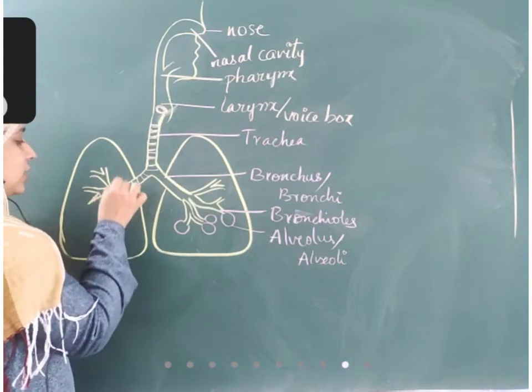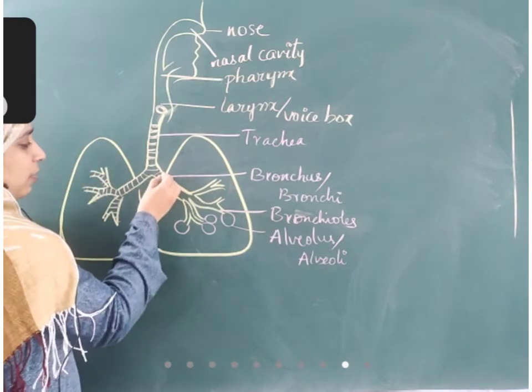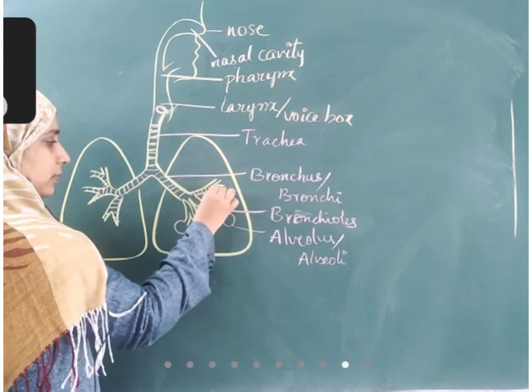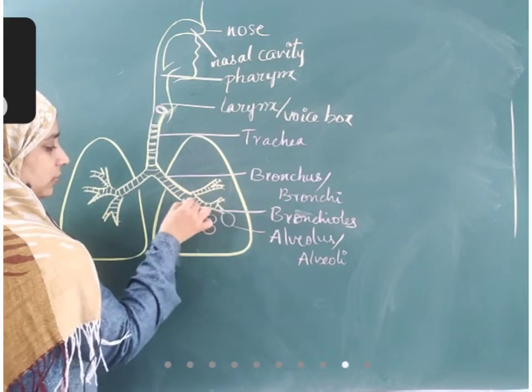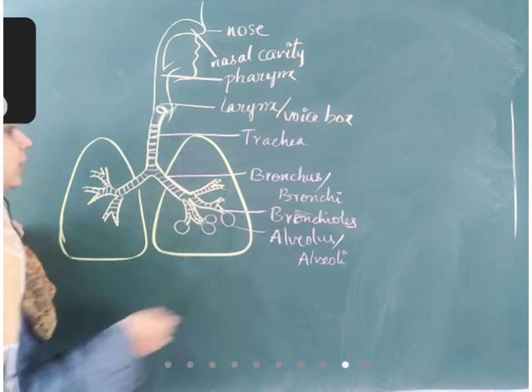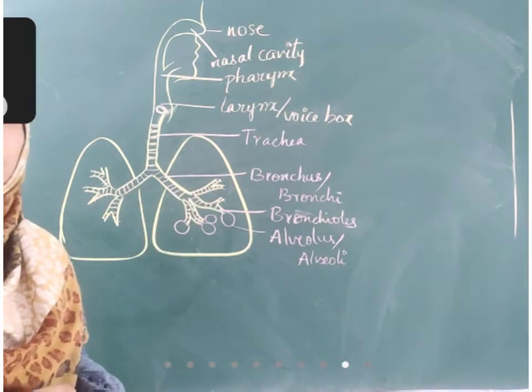These cartilage rings help to hold the trachea, bronchus and bronchioles firmly. Okay, so that is the structure of the respiratory system.